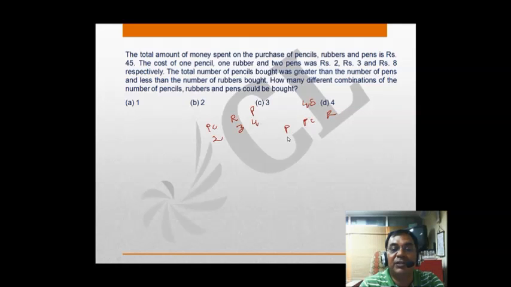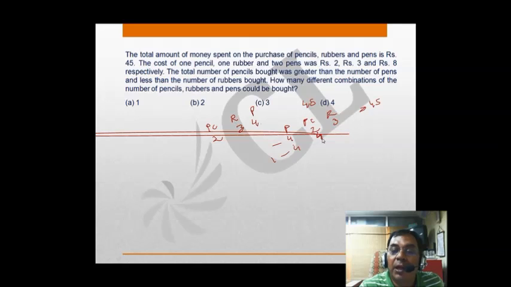Supposing the pen's cost is 4, pencil cost is 2, and rubber cost is 3. Net total I want 45. So if I purchase 1, the cost will be this thing. Now if I purchase 4, so 8, 37, is it divisible by 3?